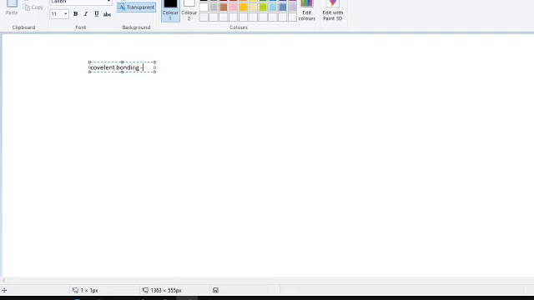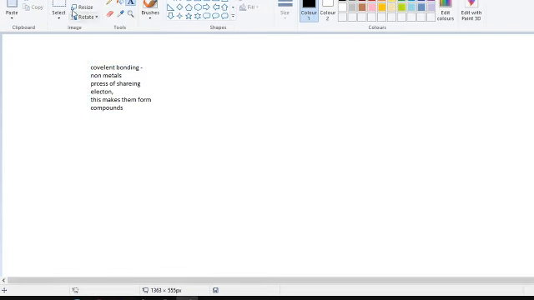So covalent bonding, this is between non-metals, a process of sharing electrons. This makes them form compounds. So basically, let's say we have this element right here.